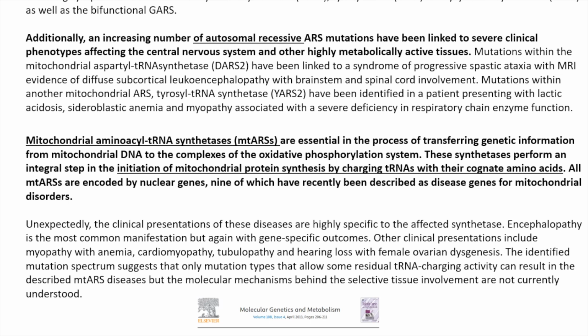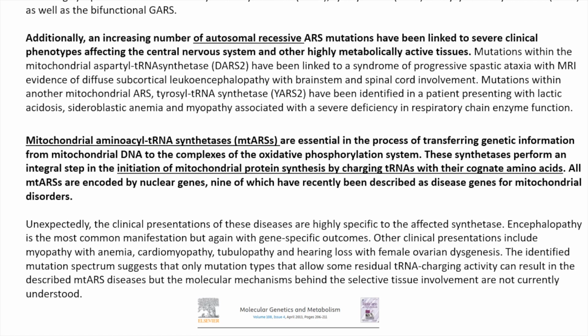And I want to also say that so far, what we know is that all of these primary mitochondrial disorders are autosomal recessive disorders, meaning you must have 2 copies of a pathogenic variant, one from your mother and one from your father, in order to have disease.